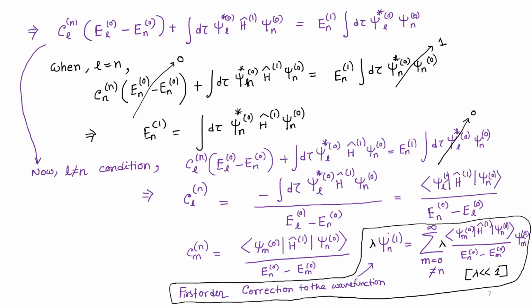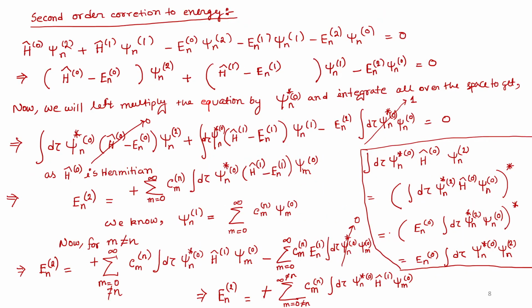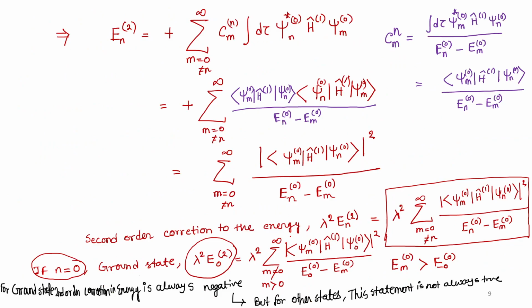Using this first order correction, we showed that putting that value into the second order energy correction, we got the second order correction to the energy, that is lambda squared En2. And obviously we have solved a few numerical questions.